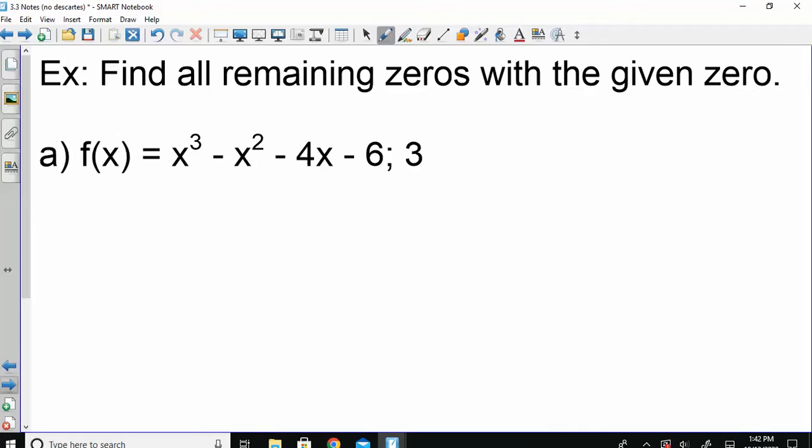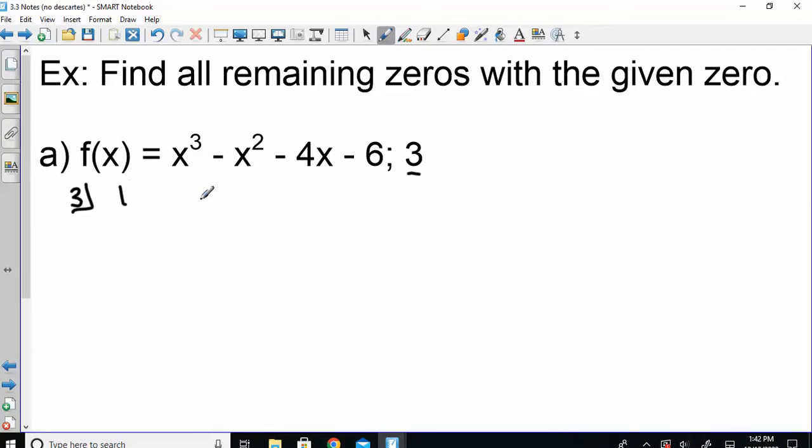So I want the remaining zeros. And I've given you the first one. So it was an x cubed. How many zeros should we have altogether? 3. I gave you one of them, so we're trying to find the other 2, because I just said give me the remaining ones. So what do I do with that first 0?